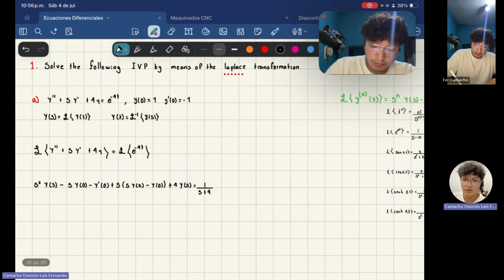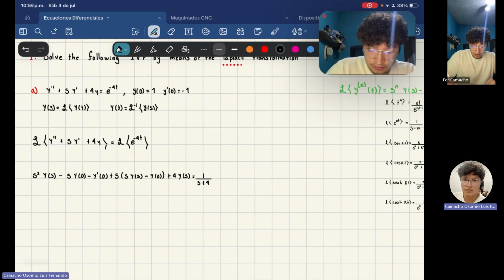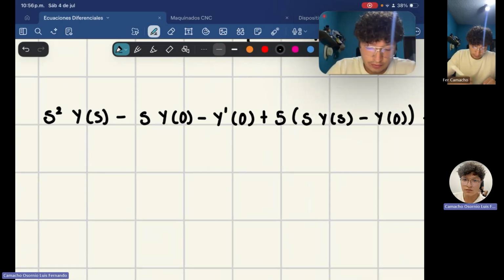After that we are going to apply the initial values that we have, and we are going to substitute.